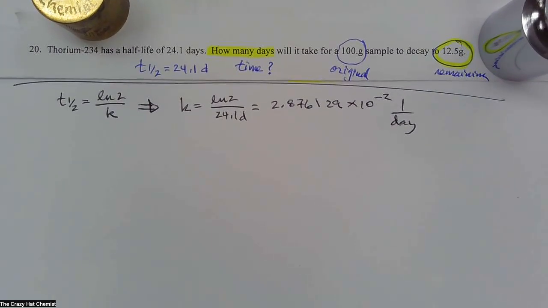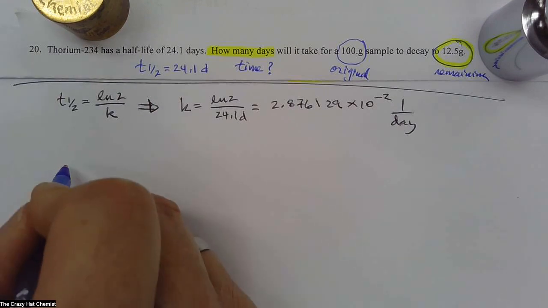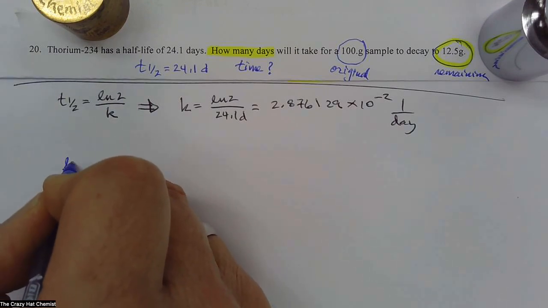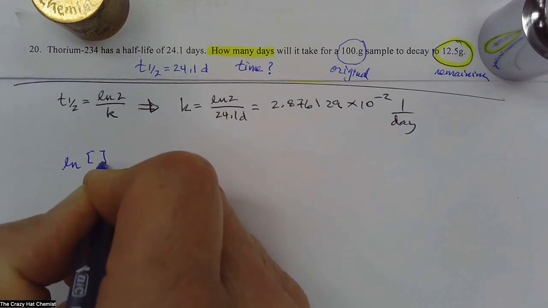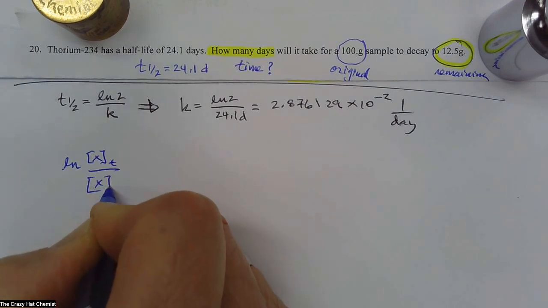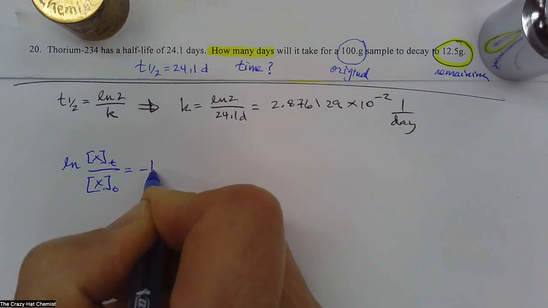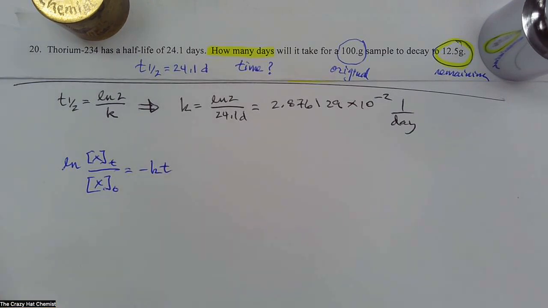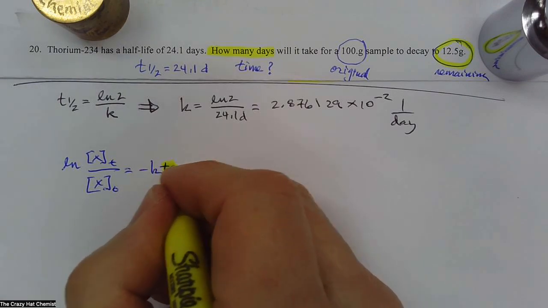Now what we're going to do is use the integrated first order rate law: natural log of x sub t over x sub naught is equal to negative kt. And what are we solving for? We are actually solving for t, time.